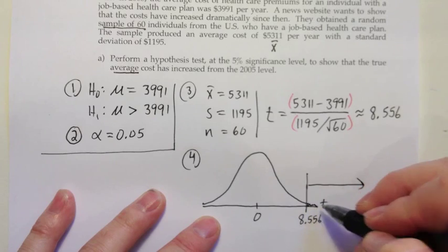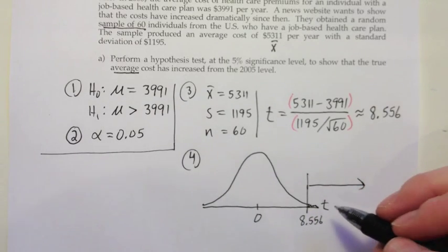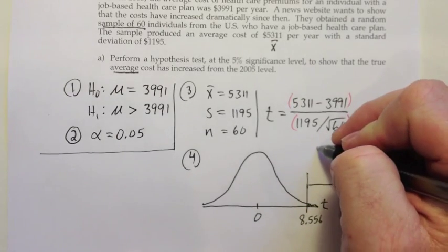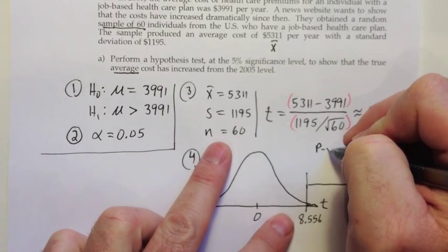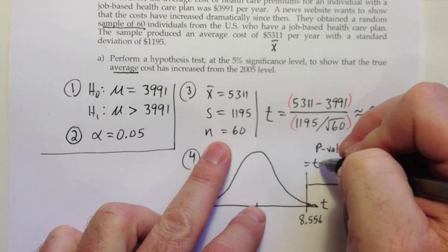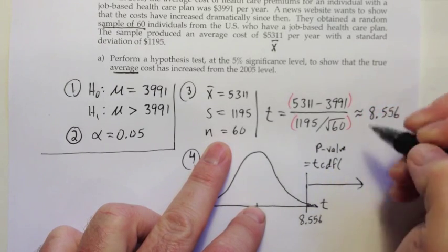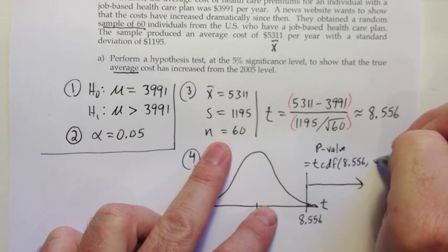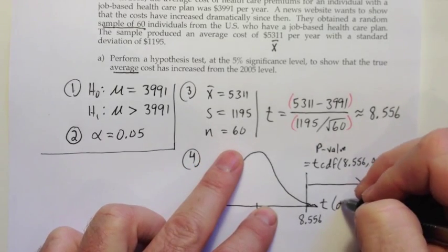And that looks really small in the picture, but again, just like on the previous page, it's even smaller because 8.5 wouldn't be right at the edge of the tail. It'd be off the paper probably. So my p-value is whatever that area is, and that area would be a TCDF from 8.556 to infinity with, and then we need a DF.